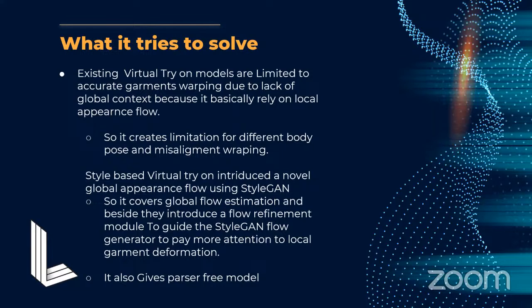Style-based virtual try-on introduced a novel global appearance flow using StyleGAN. So it covers global flow estimation, and besides, they also introduced a refinement module to guide the StyleGAN flow generator to pay more attention to the local garment deformation. It also gives a parser-free model, which basically means no mask of different body shape.